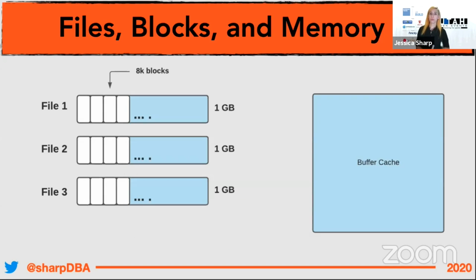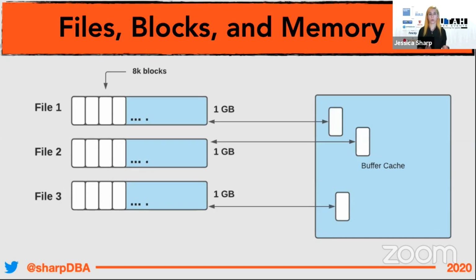Now we want to start thinking about buffer cache. This is going to matter. This is where the memory part comes in. We're going to read something in a file from a block. We have to go to disk, pull it to buffer cache, work with it there, and put it back. So that's how that works.